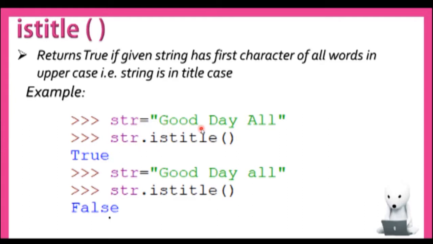Here, G of first word, D of second word, and A of third word are capital letters. So it returns true. Whereas if I make this A of all as small, then str.isTitle returns the value false because last word is not in title case.